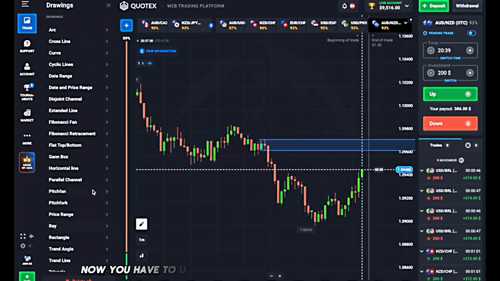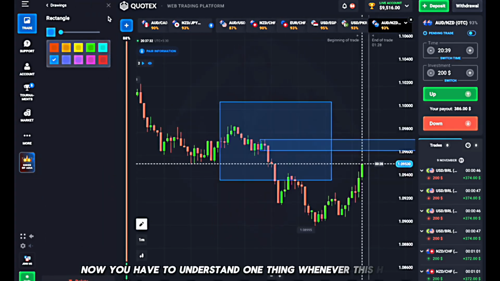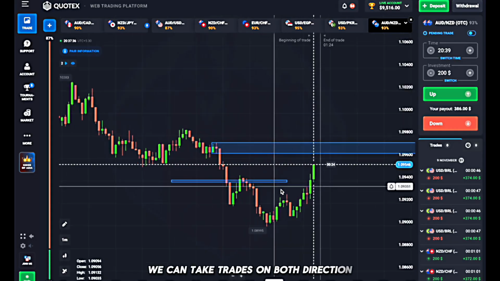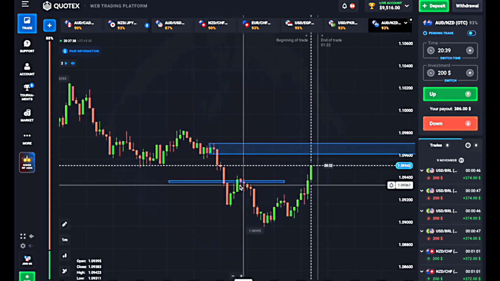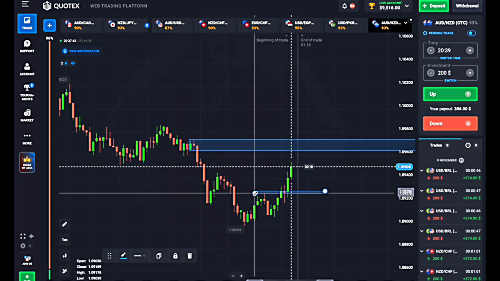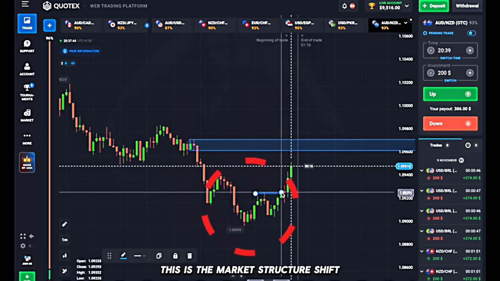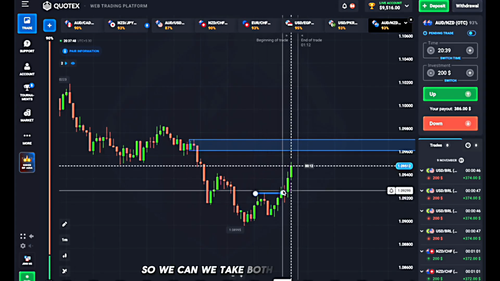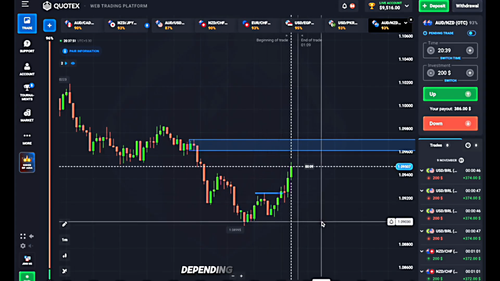Market should have made new low, but market structure has shifted temporarily, correct? Now you have to understand one thing. Whenever this happens, we can take trades on both direction with proper confirmation. This is the market structure shift which market has given us temporarily, so we can take both direction trade depending on the candlestick psychology and how the market is behaving.